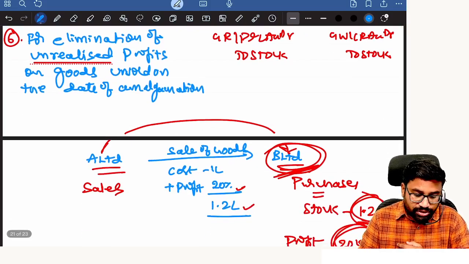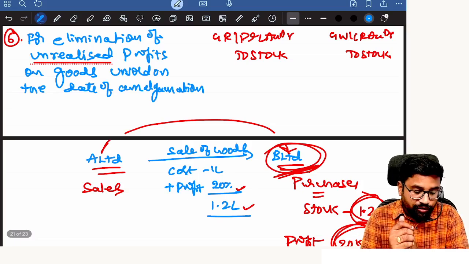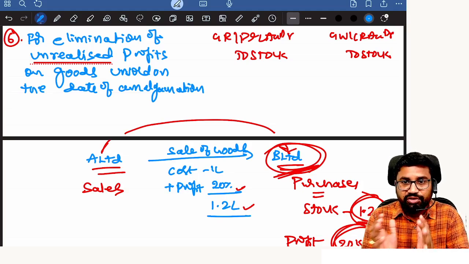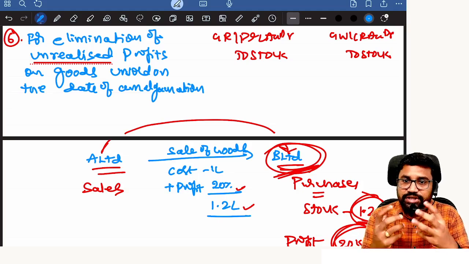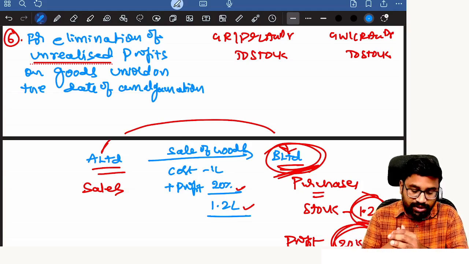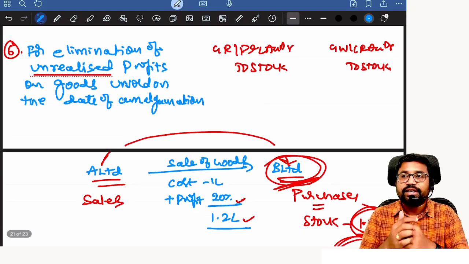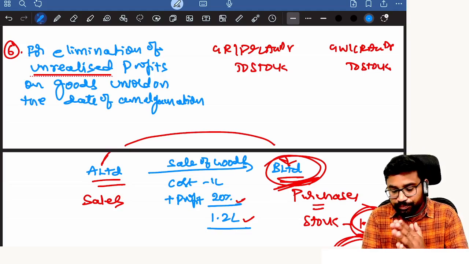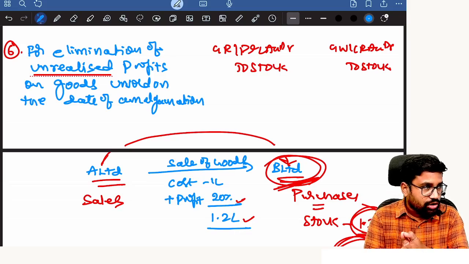And one more thing is elimination of unrealized profit on goods unsold on the date of amalgamation. If any stock is unsold at the time of amalgamation, and there is any unrealized profit in that stock, that profit also we will eliminate. And what is the entry? If pooling of interest method, general reserve or P&L to stock. If it is purchase method, goodwill or capital reserve to stock.